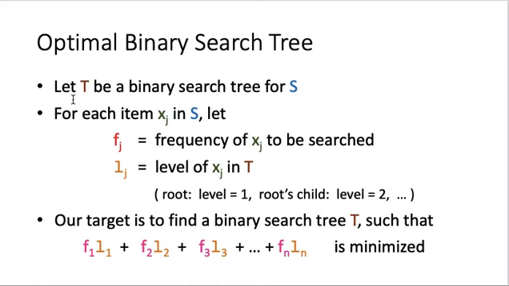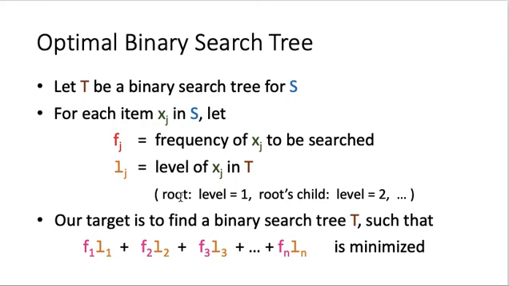Let's say T is a certain binary search tree for S, and for each item Xj in S, we let Fj denote the frequency of Xj being searched. So let us say we have already got some statistics of how many times Xj will be searched. And Lj denotes the level of Xj inside the search tree T. The level is defined in the following way.